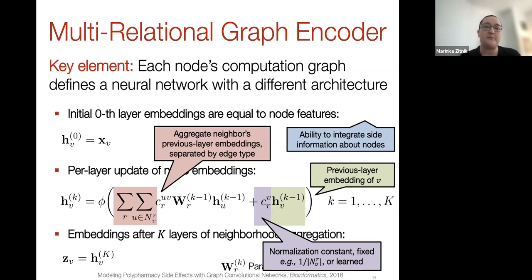A given drug node might have some neighbors that are proteins, some neighbors that are other drugs to which this drug interacts by causing pneumonia, and some neighbors that are other drugs with which the drug interacts by causing some tumor. And it would be very naive to assume that these fundamentally different kinds of interactions are indistinguishable by the model. That's why we had to have a separate W matrix, or parameter weight matrix, for each edge type.